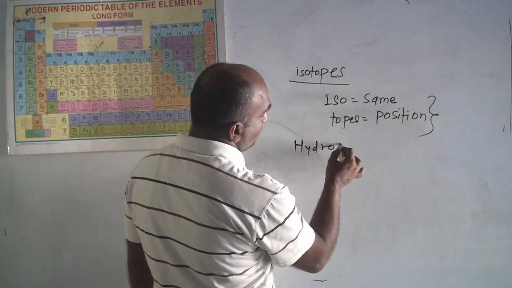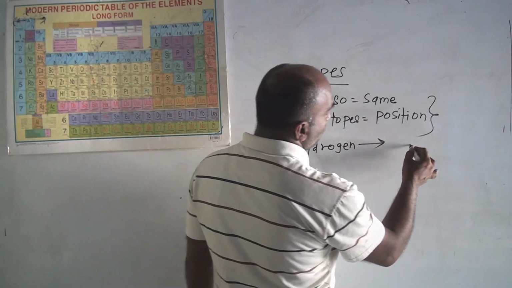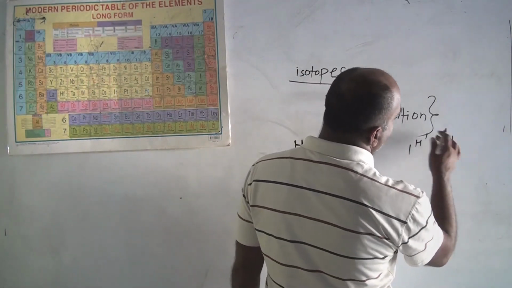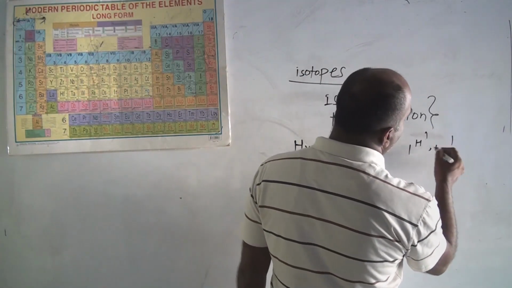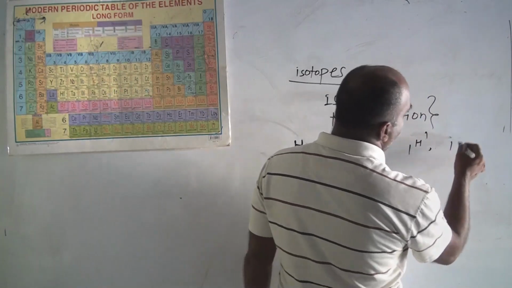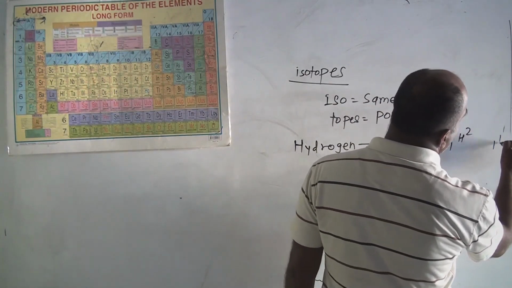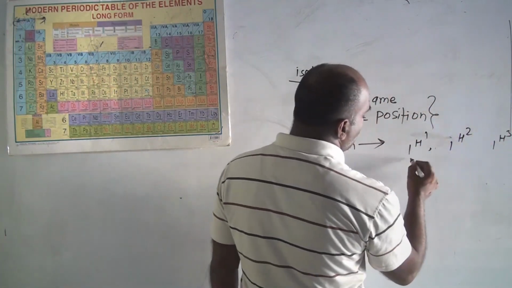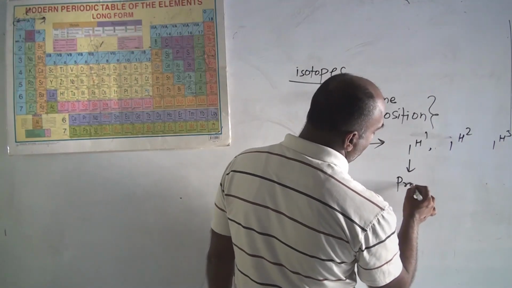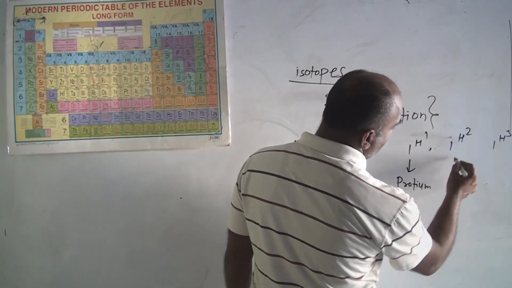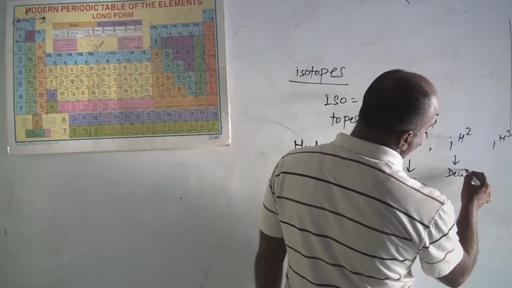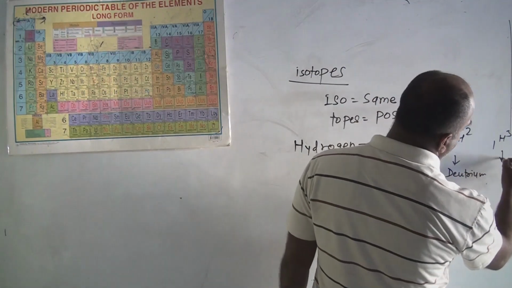Hydrogen has 3 isotopes: 1H1, 1H2 and 1H3. 1H1 is called protium, 1H2 is deuterium, and 1H3 is tritium.